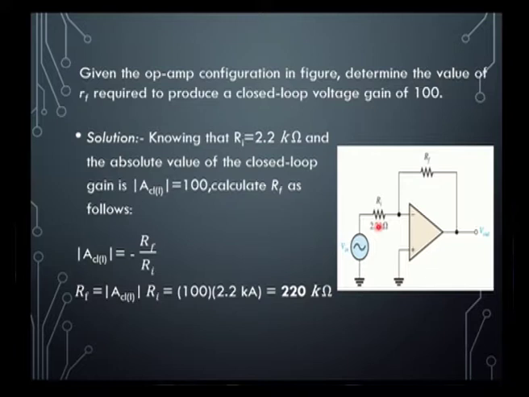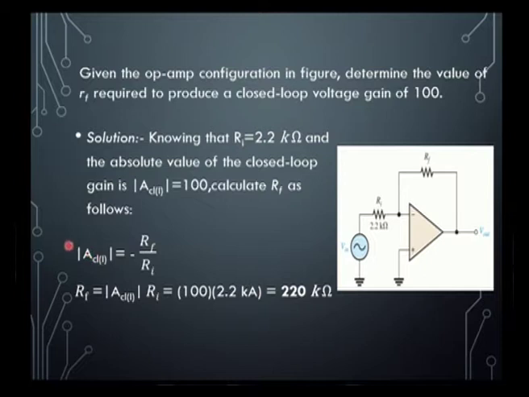What we need to know is RI is equal to 2.2 k ohm and the absolute value of the closed loop gain ACL is equal to 100. The closed loop voltage gain is 100, so we know the voltage gain. The only thing we do not know is RF.